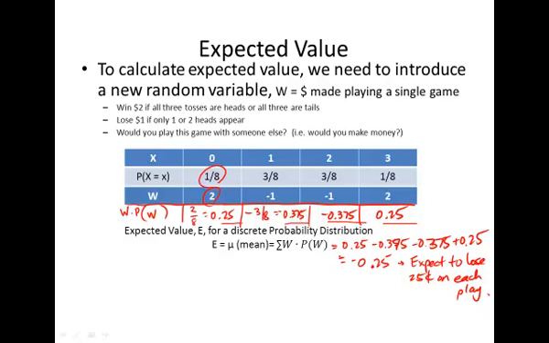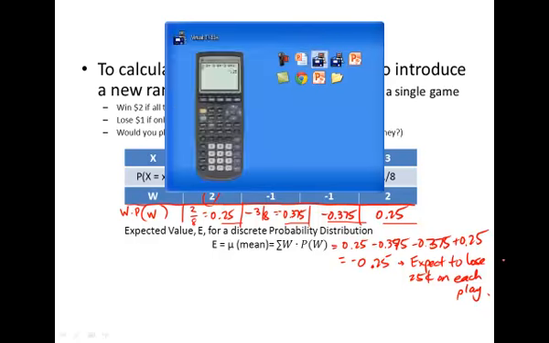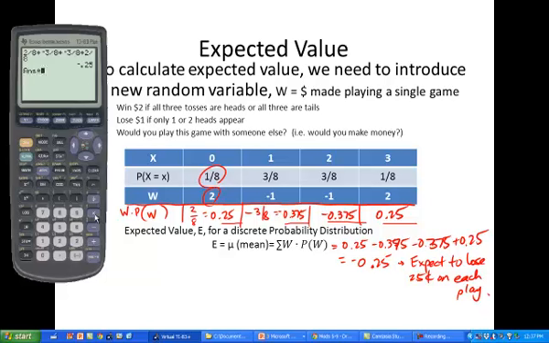If we played it 100 times, the average loss per time is 25 cents. So if you played it 100 times, 25 times 100, you'd be losing $25 out of the $100 that you bet. So if you started with $100, you'd expect to have about $75 left. So that's what that means.